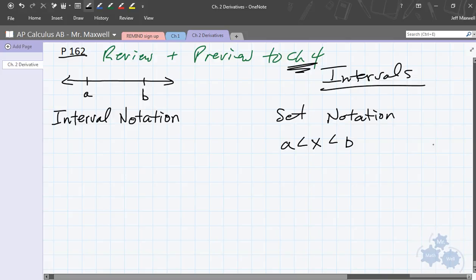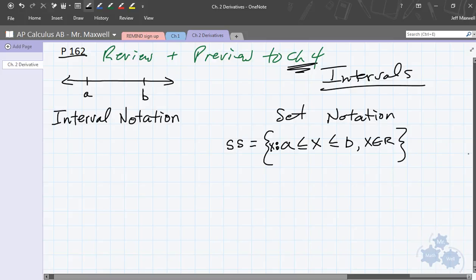Do you remember this from Pre-Calculus 30? If you want to say all of the values from a to b, including a and b, we would do this, and then we would do the funny brackets here. Sometimes they would say x such that x belongs to this part of the domain, and they might say x is an element of all real numbers.